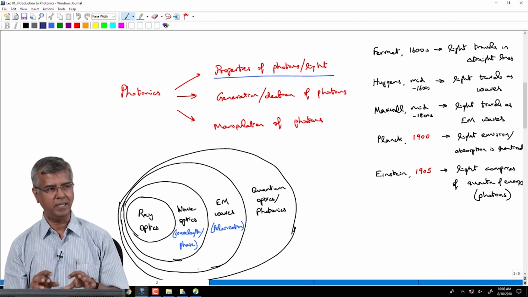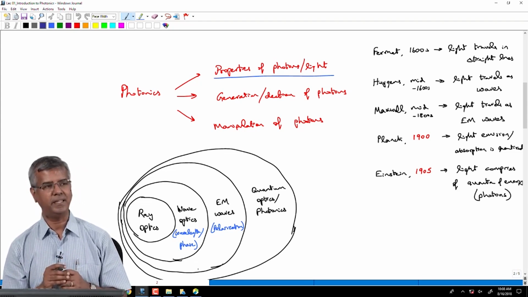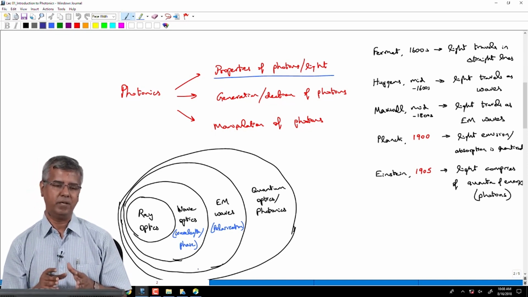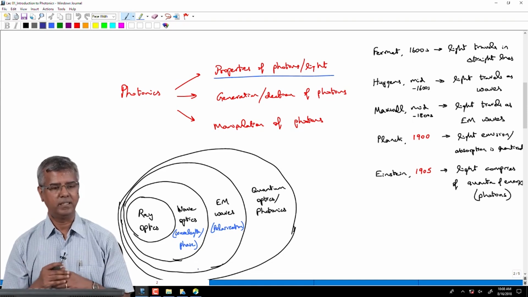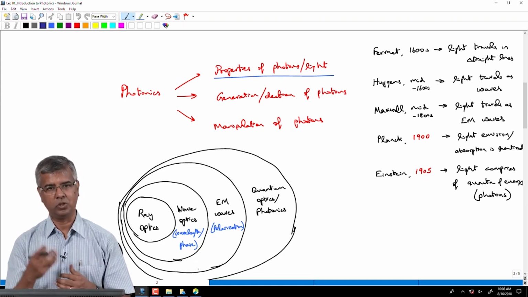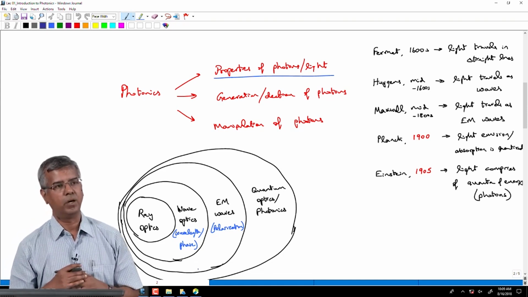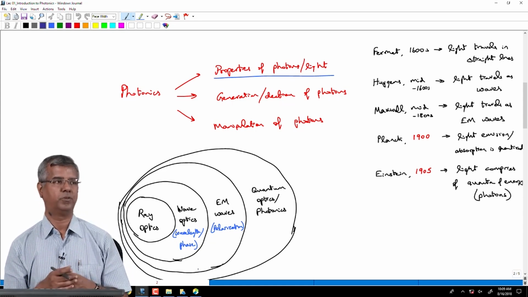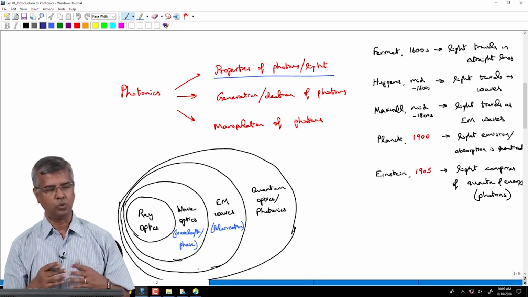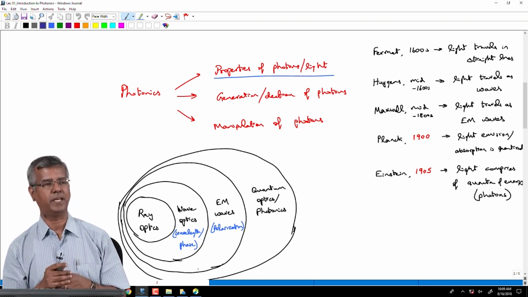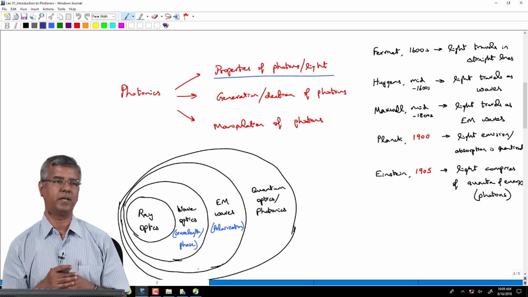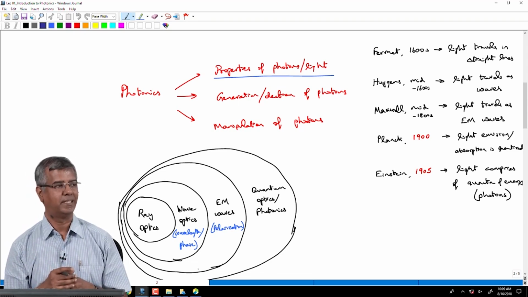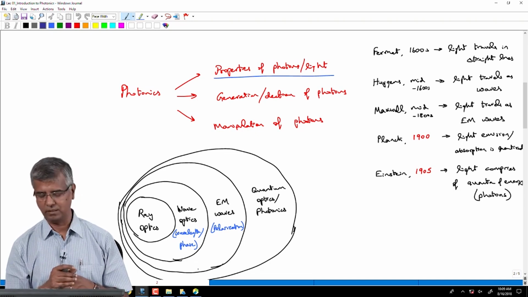So, let us spend a little bit of time understanding that electromagnetic picture, and through that we will do one demonstration where you are quantifying the modes of an optical fiber, and through that quantification you are also going to understand how an optical fiber can act like a spatial filter. Okay.